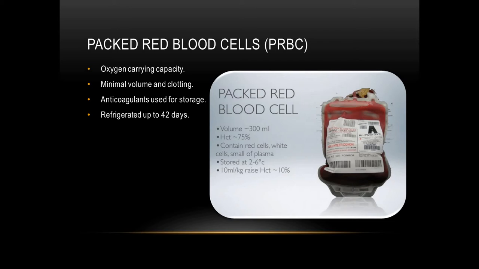And obviously these patients most of the time are needing blood because they're bleeding out. So we have to counteract all these anticoagulants that are in the blood products for storage and give some medication. Generally, one of those is calcium chloride or calcium gluconate, which can help break down the citrate that is in the blood products and can help allow the clotting to take place appropriately.